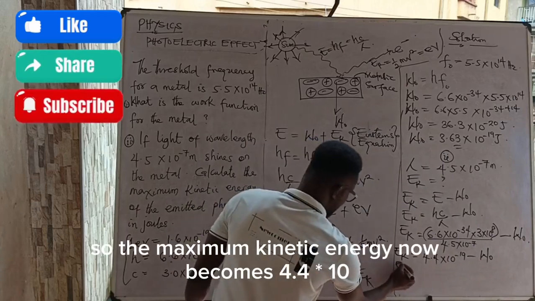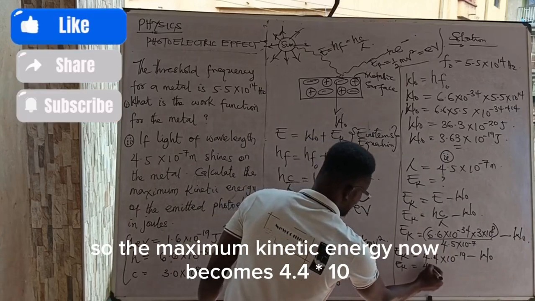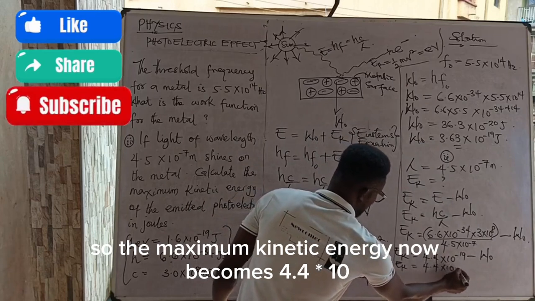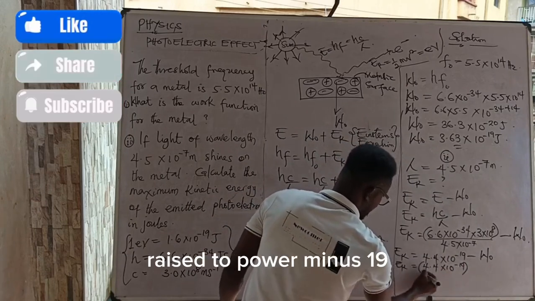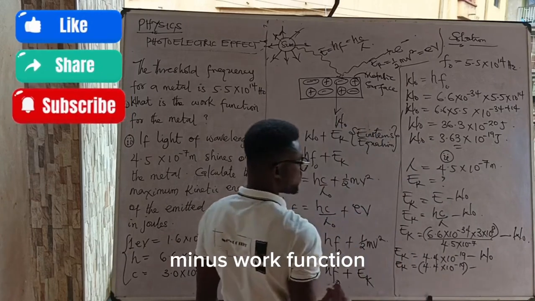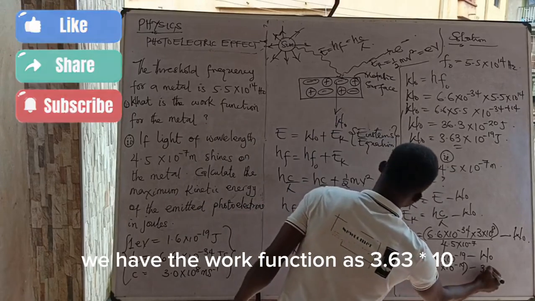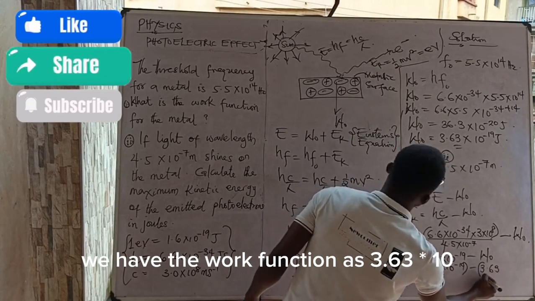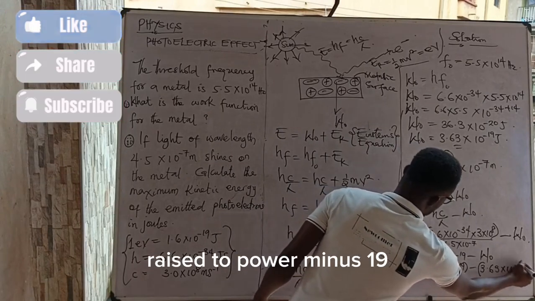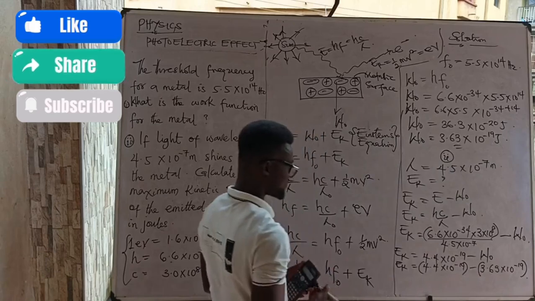So the maximum kinetic energy becomes 4.4 × 10^-19 minus the work function. We have the work function as 3.63 × 10^-19.